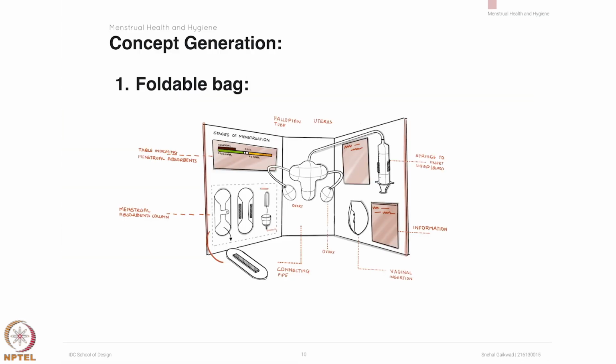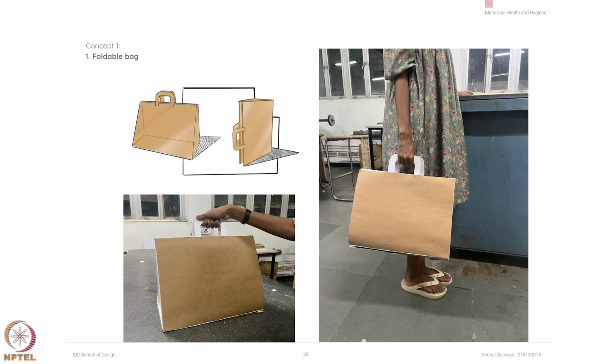So this is the first concept, a foldable bag which has the uterus model here, the stages of menstruation demonstrated here, and the menstrual absorbents placed here, which we can collect and give to girls for demonstration. Then these things we can demonstrate over the vaginal model that is made.